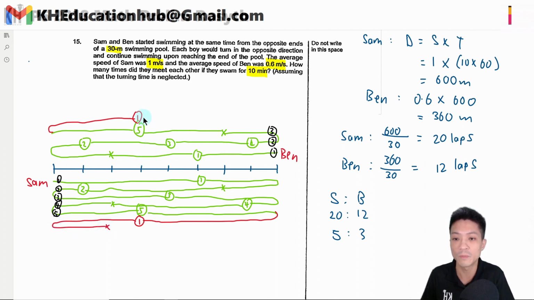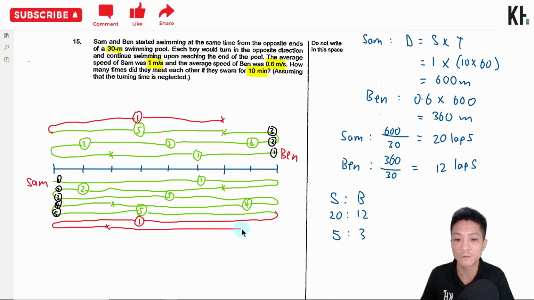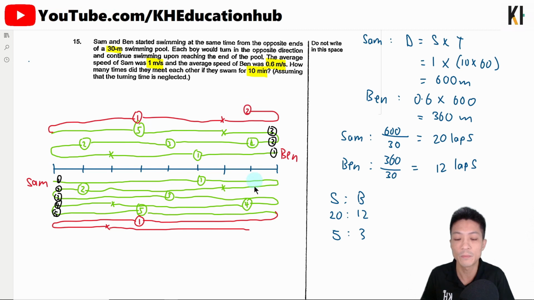Okay, they do not meet each other. So for Ben, it'll be 1, 2, 3. Okay, Sam another 1, 2, 3, 4, 5. For Ben, it'll be 1, 2, and 3. Okay, this is the second point that they meet each other.